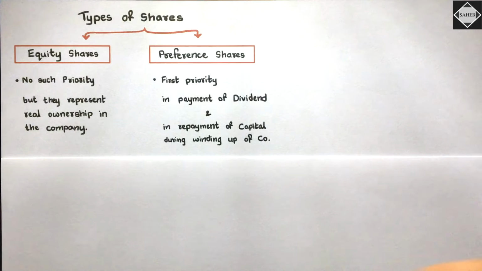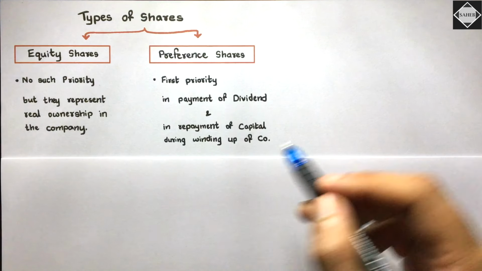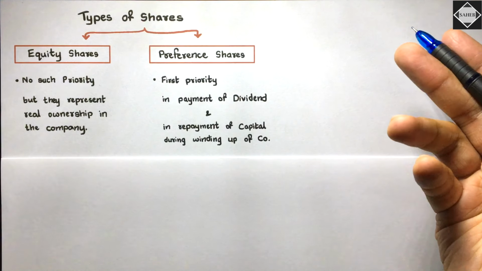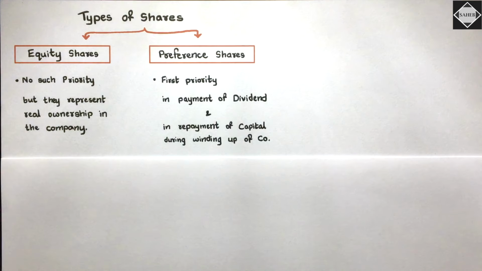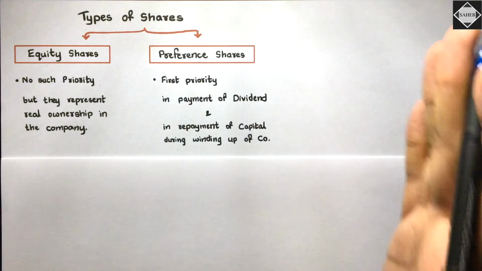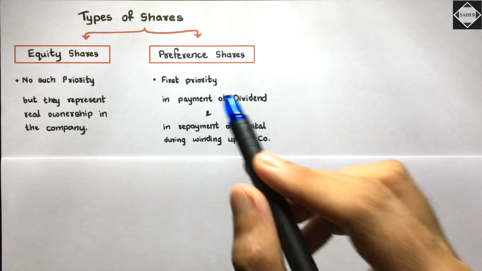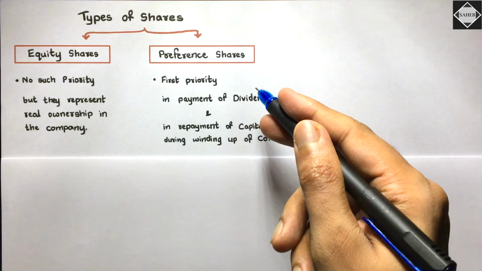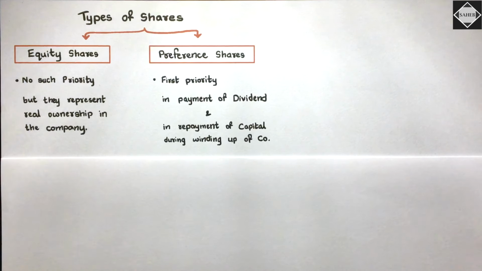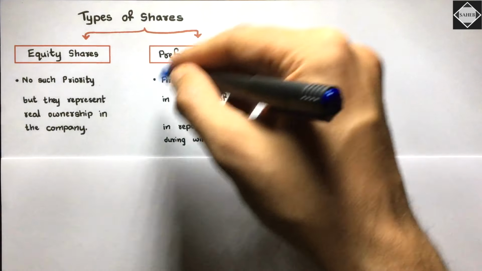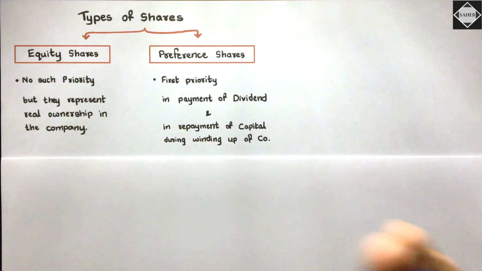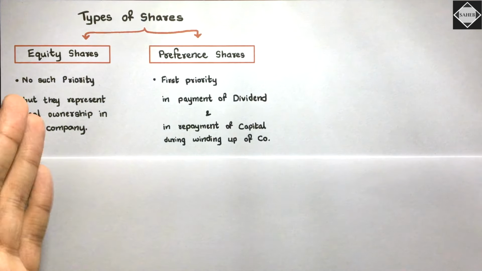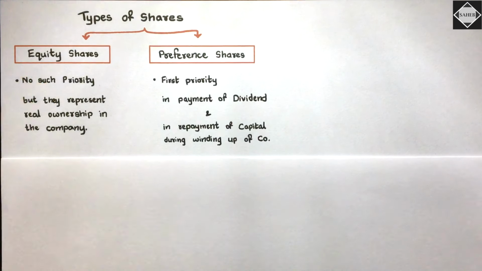And if the company is making losses and it is being wound up, it is being closed, it is going into liquidation, at that time capital is being paid back to shareholders. At that time also capital will be paid first to preference shareholders. Okay, their capital will be paid back first, then the chance of equity shareholders will come. Is that clear? So these shares have a priority over equity shares. Fine. Equity shares have no such priority. They come on second priority.